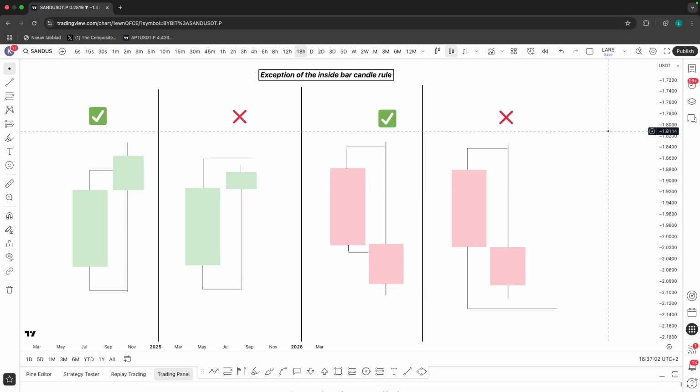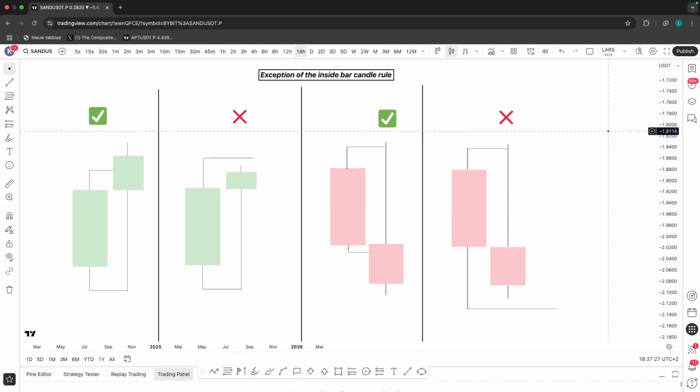I've stated that if your first candle's highs and lows are in between the second candle's highs and lows, or the second candle's highs and lows are in between the first candle's highs and lows, that is going to be an inside bar candle, and it does not count as your market structure. It is not part of your 6 candle rule.